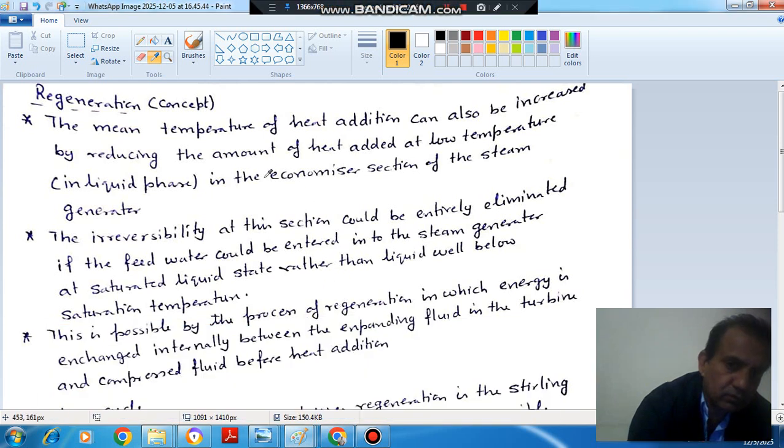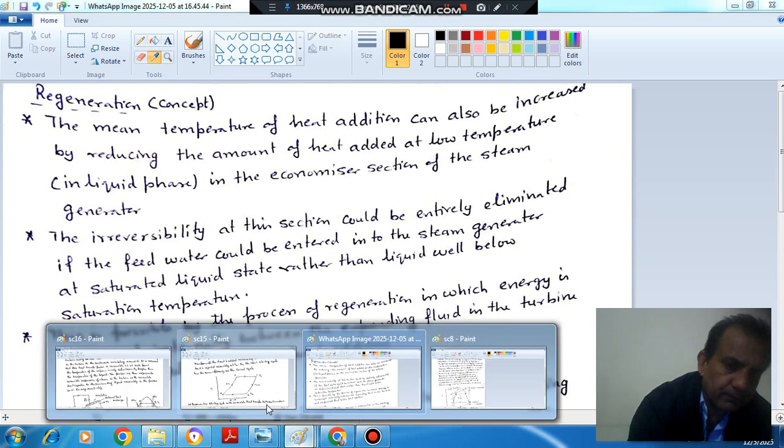If we are able to reduce this heat, then we will be able to increase the mean temperature of heat addition. The irreversibility in this section could be entirely eliminated if the feed water could enter the steam generator as saturated liquid rather than liquid well below the saturation temperature.